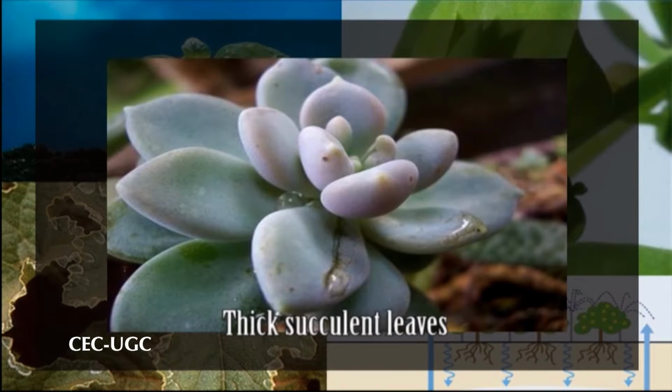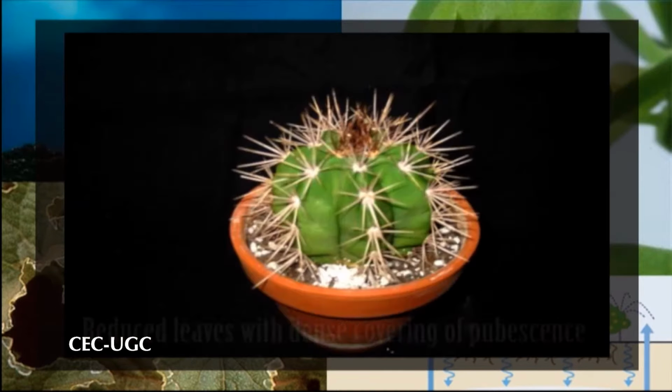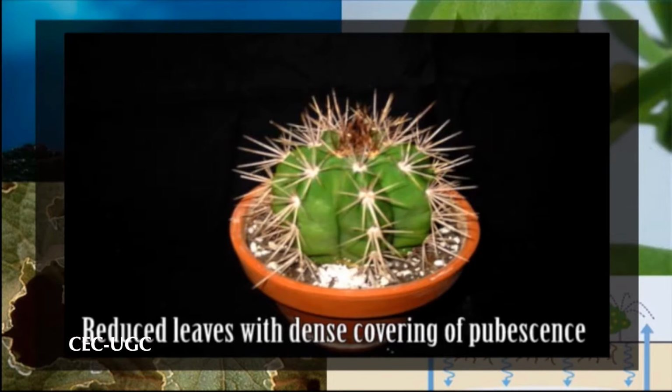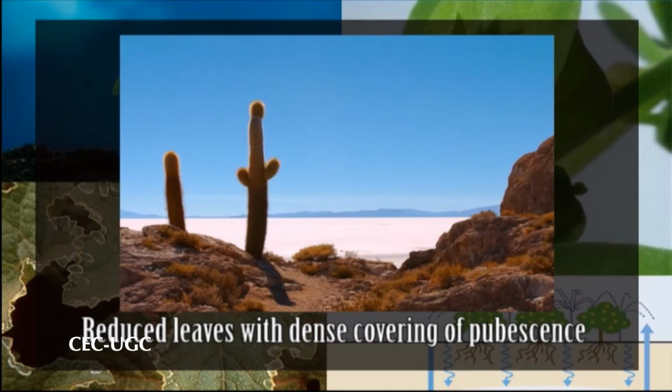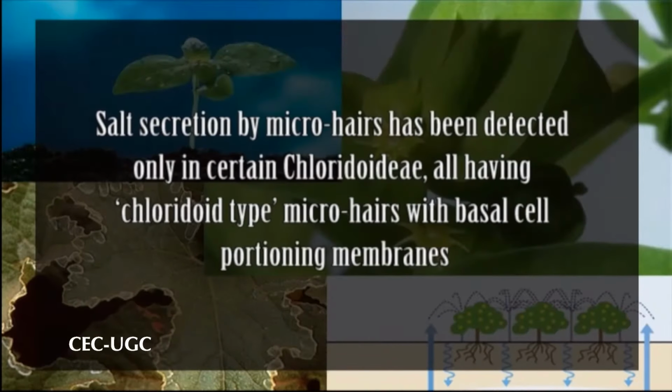Many salt-tolerant plants, particularly dicotyledonous halophytes, are characterized by xeromorphic characteristics such as thick succulent leaves, which apparently aid sufficient water storage. Smaller, reduced leaves with a dense covering of pubescence are also a characteristic of xerophytes, which account for the successful survival of halophytes under dryland salinities.